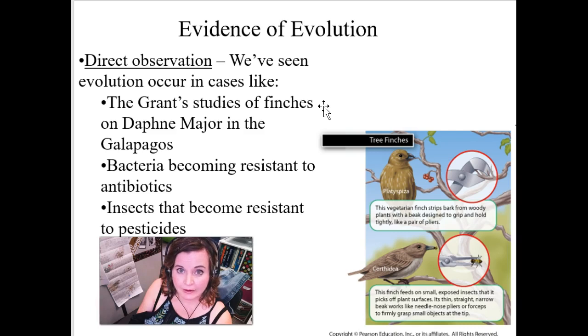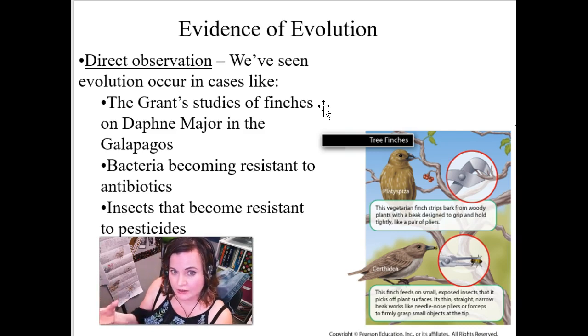We see antibiotic resistance is a huge problem. Bacteria reproduce very fast. So while it takes many, many years for a human or an elephant to go through several generations, bacteria can produce hundreds of generations within a very short period of time, right?